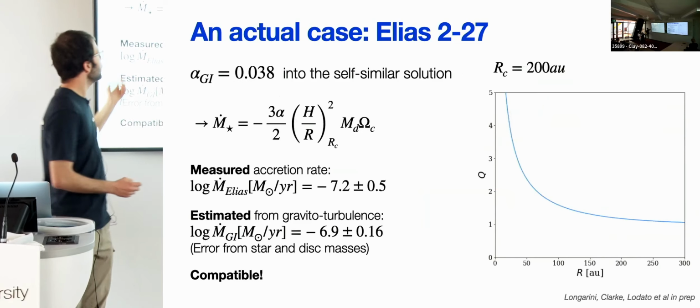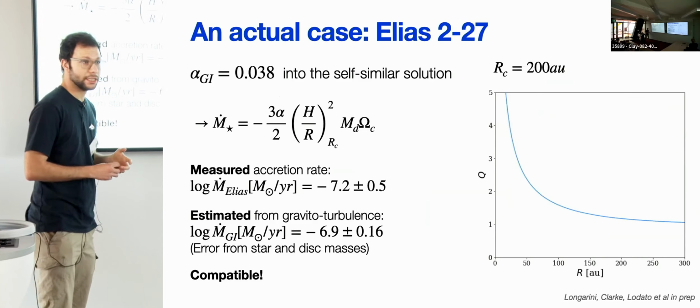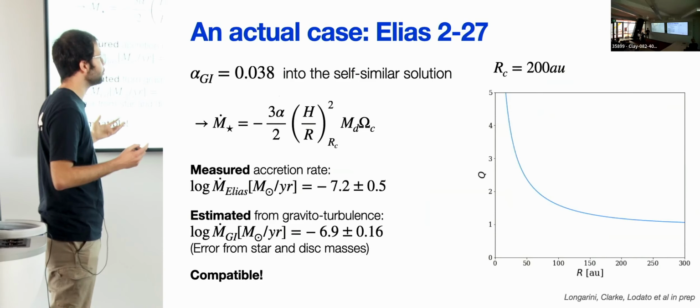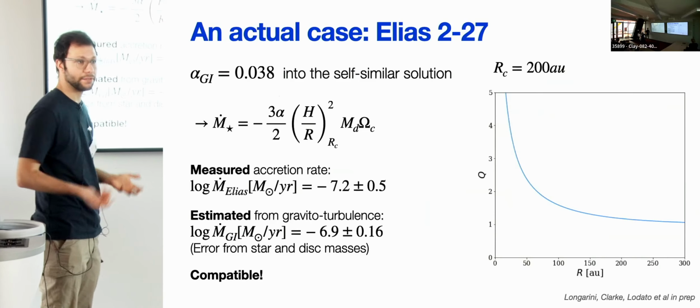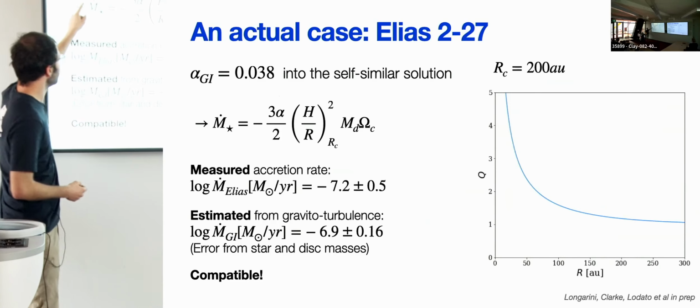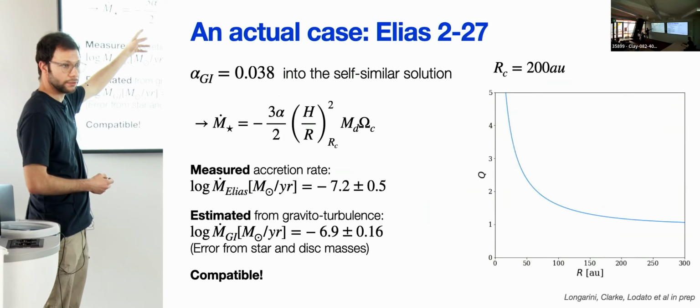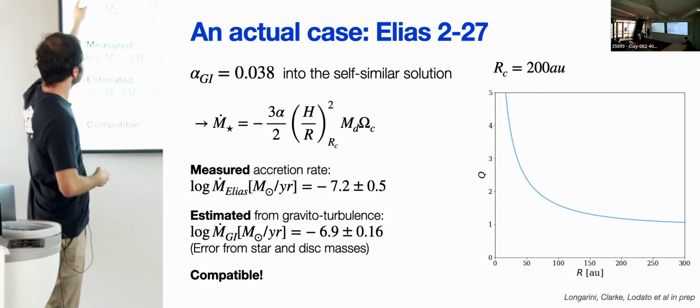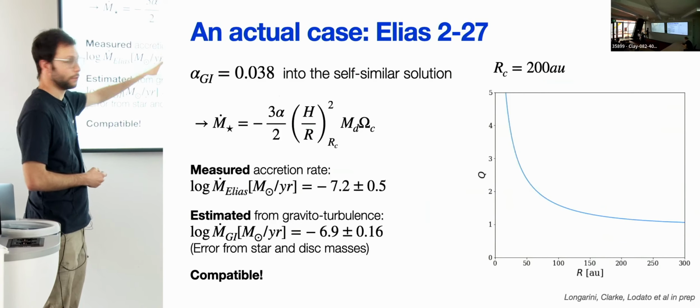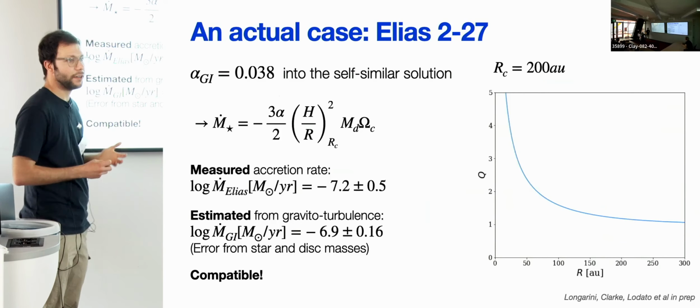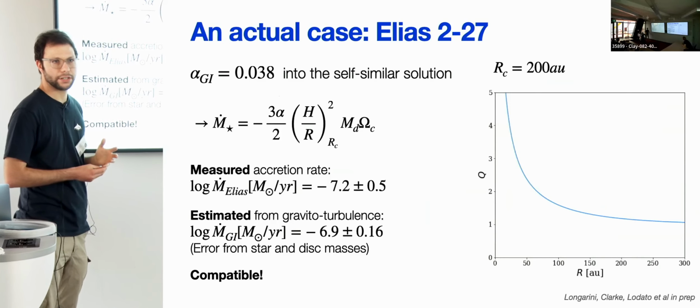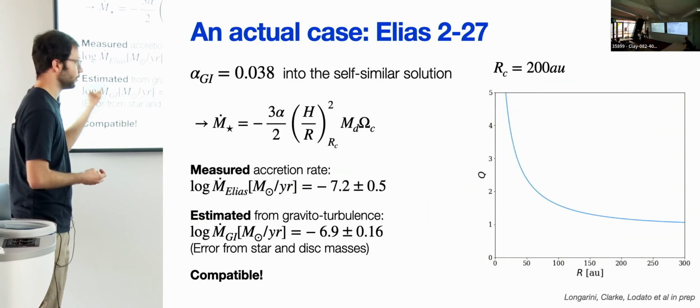And so we have a measurement of alpha viscosity in this system. And so we suppose that the system behaves like a self-similar disk. And we can obtain the accretion rate onto the central object from the theory. And so we put this value inside the equation. And so we have a theoretical estimate of the accretion rate onto the central object for this system.